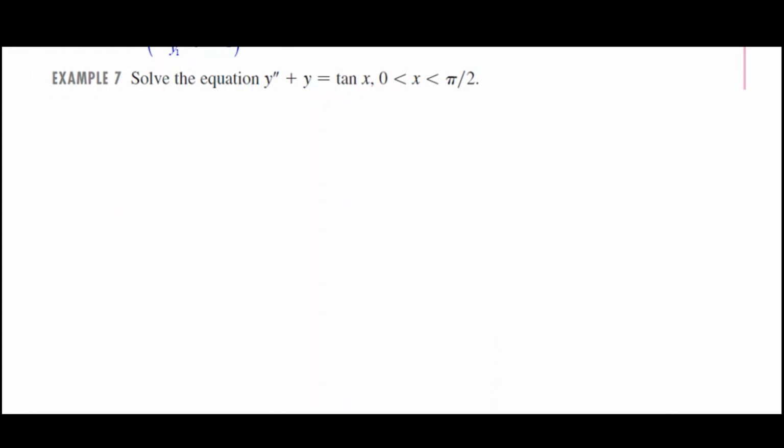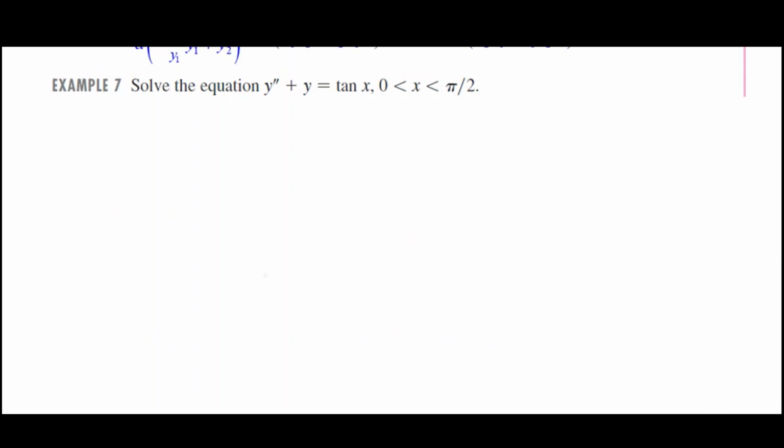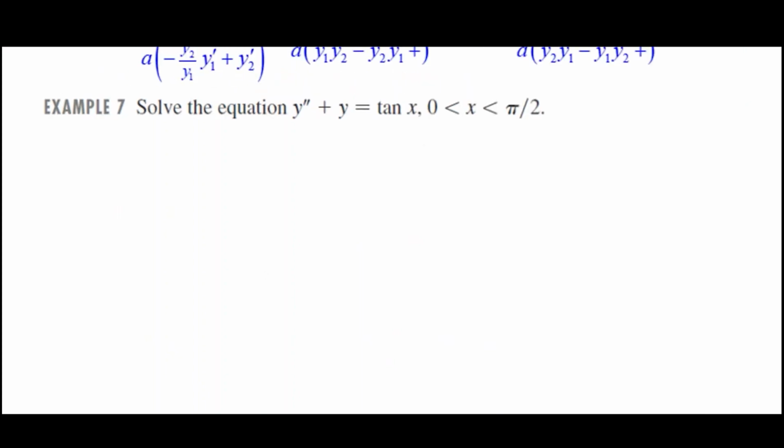So first, as always, we solve the homogeneous equation, right? So the homogeneous equation, of course, is y double prime, in this case, plus y is equal to 0. And then we are going to try y is equal to e to the rx, as always. And then we can skip this step. The second derivative becomes this, and the first derivative is just this, equal to 0.